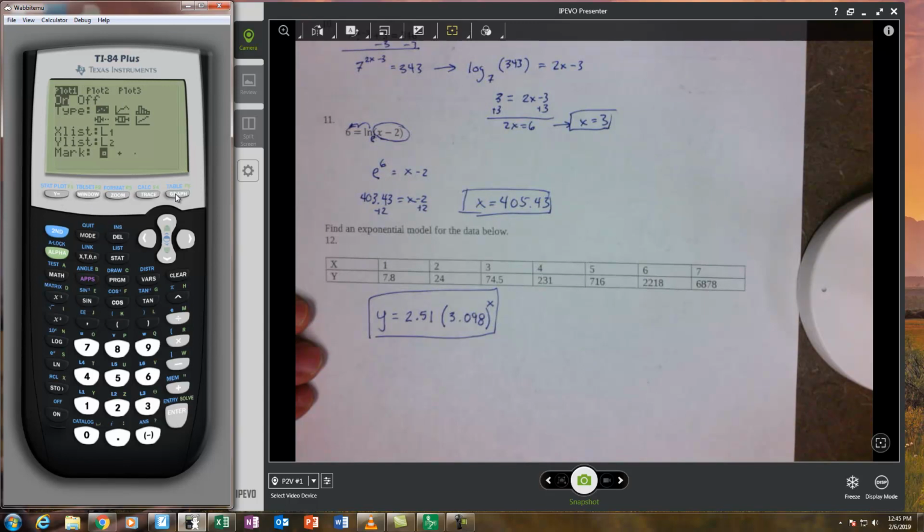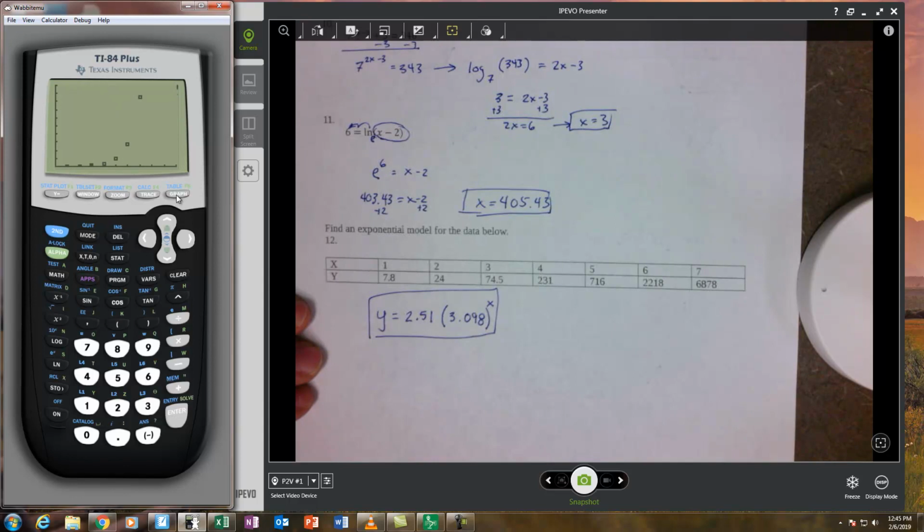Okay, and so I'm going to have to change my window too, so bear with me here for a minute. My lowest x is 1, so I'll go 0 to 10 sounds about right. My y min will go 0 to 8,000, counting by, let's say, 800.